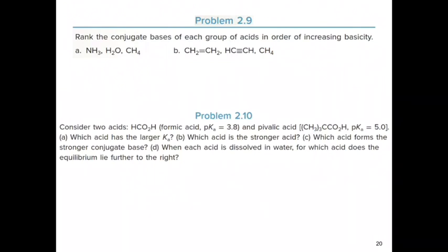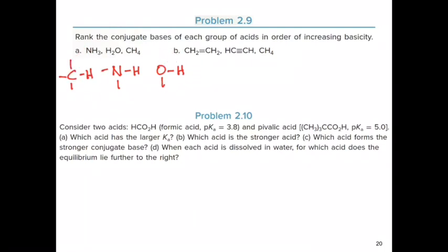When you draw the Lewis dot structure, you basically have this. So nitrogen versus an oxygen, and then you have carbon that's bonded to a hydrogen. And so in terms of acidity, this is the most acidic, and this one would be the least acidic.